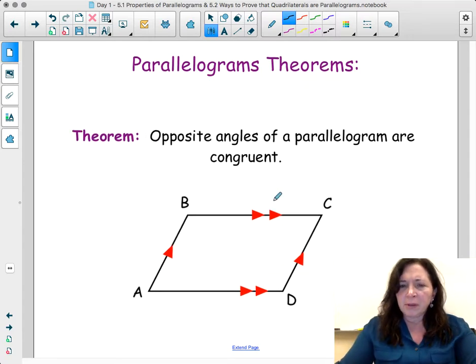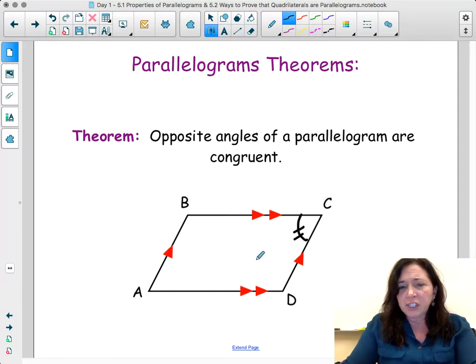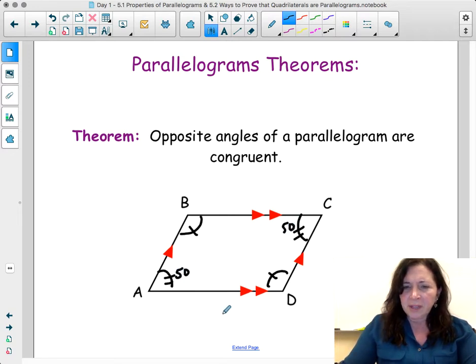Opposite angles of a parallelogram are congruent. So if this shape ABCD is a parallelogram, then both pairs of opposite angles are congruent. And it basically means if this was, let's say, 50 degrees, then so would this angle be 50.